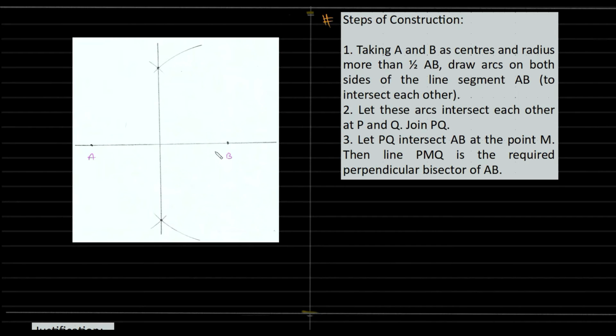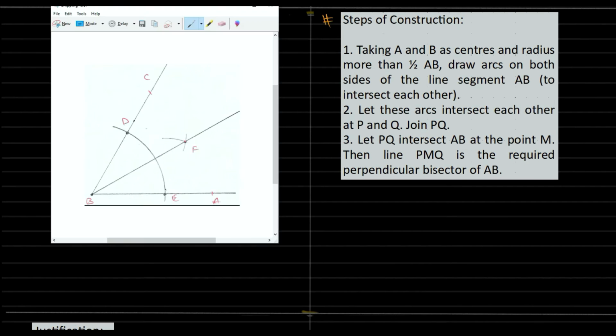Draw arcs on both sides of the line segment, top and bottom of AB. Let these arcs intersect each other at P and Q. So this is P and Q. So let PQ intersect AB at M. So that's M. Then line PMQ is the required perpendicular bisector of AB.